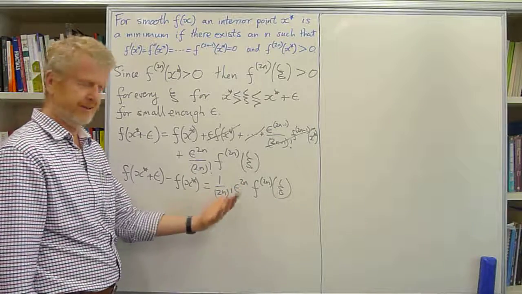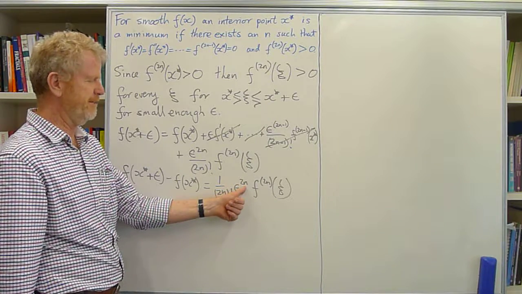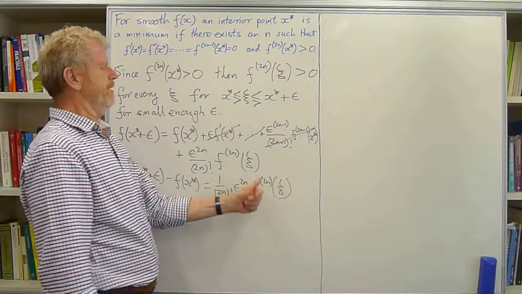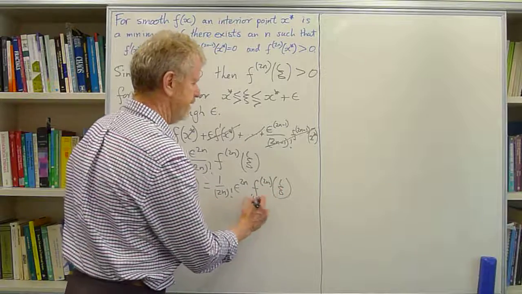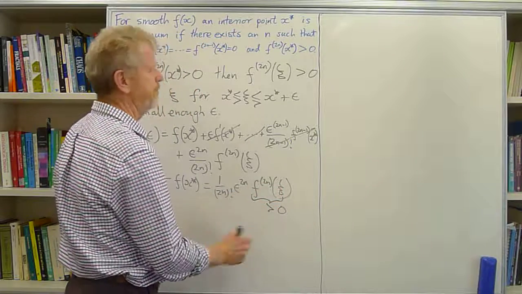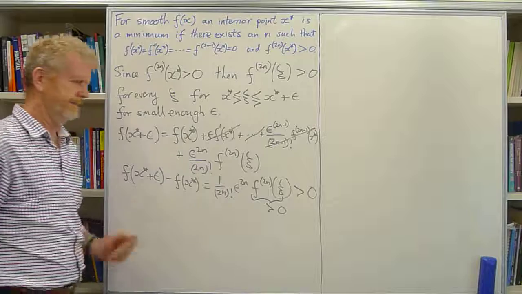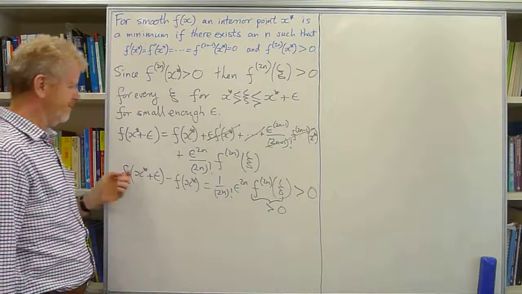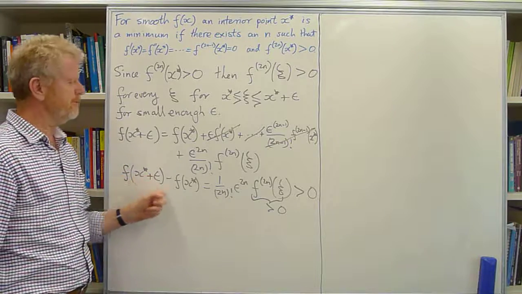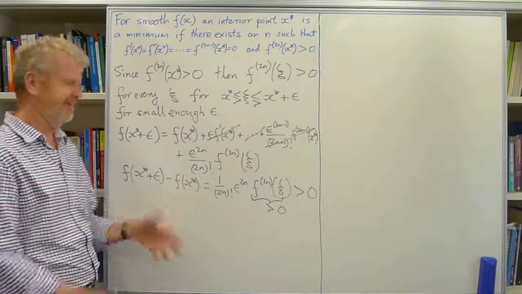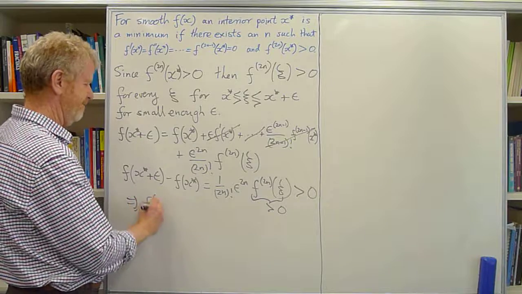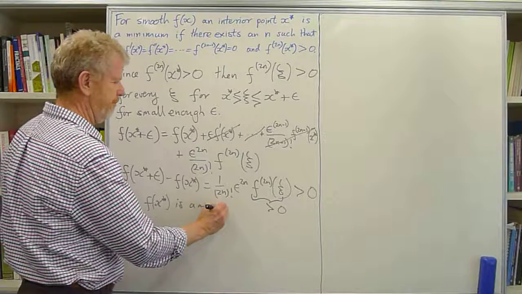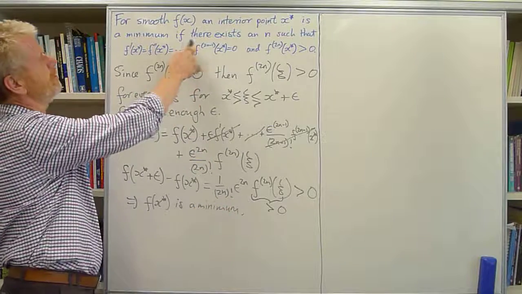Epsilon to the 2n is epsilon raised to an even power, so that's positive for non-zero epsilon. And f to the 2n of psi, that's positive. So the net result is that this right-hand side is always bigger than 0, and hence f of x star plus epsilon is always bigger than f of x star, and hence f of x star is a minimum, as we set out to prove.